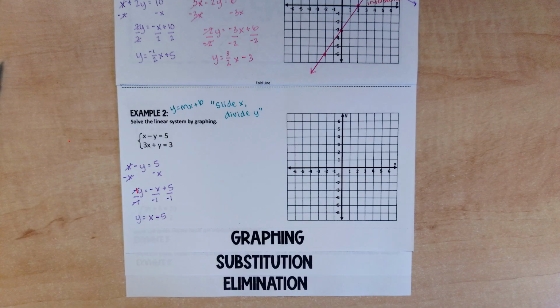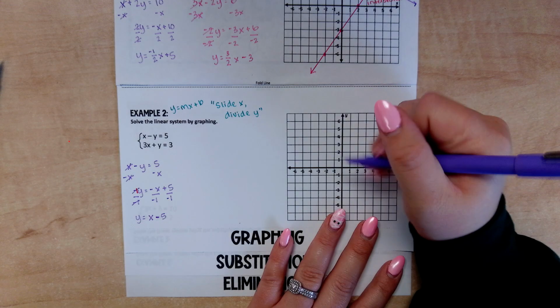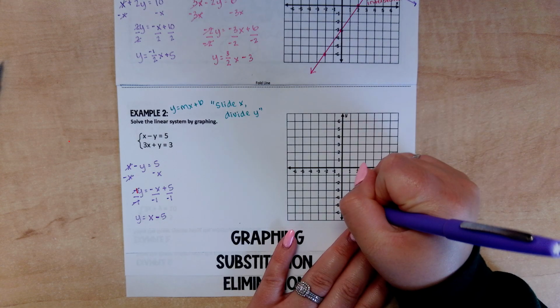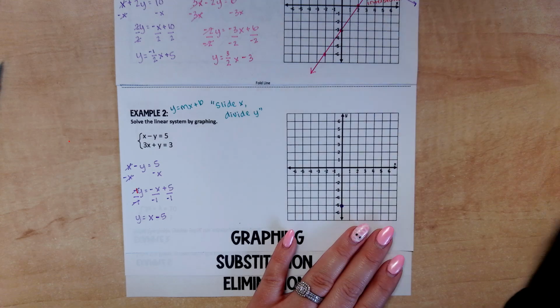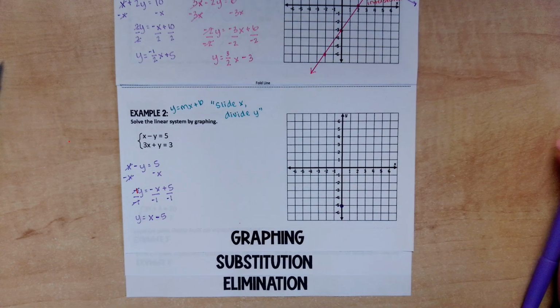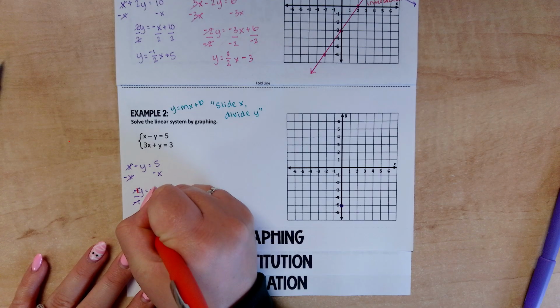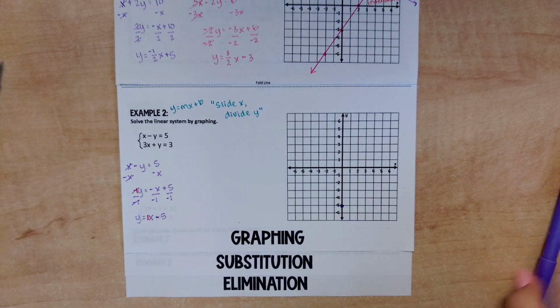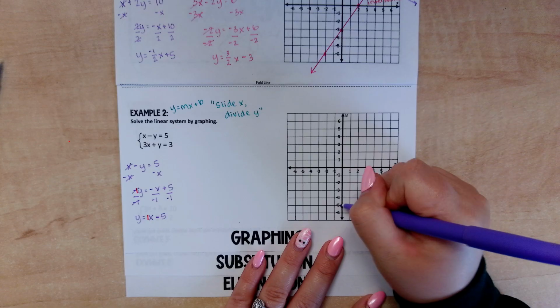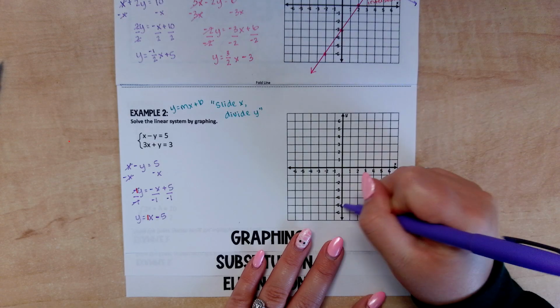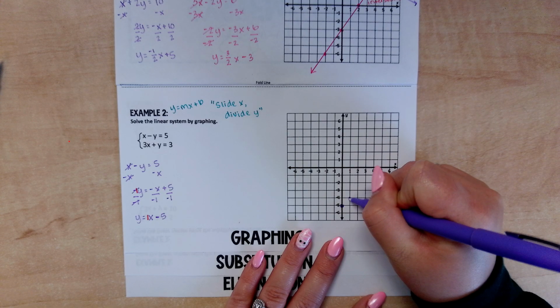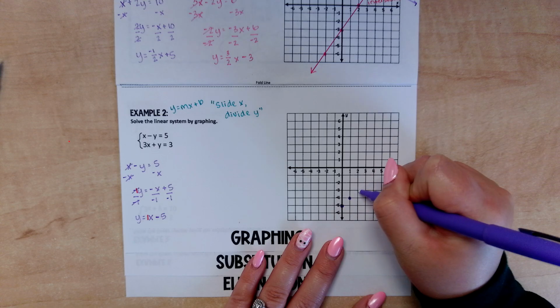Now we're going to go over here and graph it. I have negative 5 as my y-intercept. Now my slope. Again, you have a coefficient over here of a 1. So anytime that's the case, you rise 1, unless it's negative. You rise 1, run 1. Rise 1, run 1.